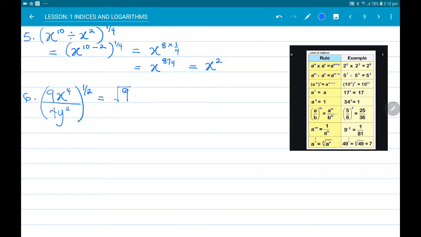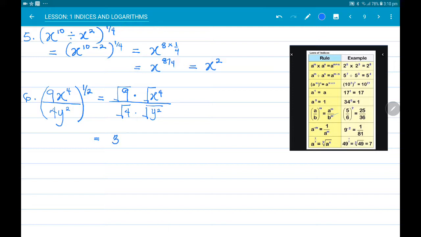Number 6, you have 9x raised to the power of 4 over 4y raised to the power of 2, everything raised to the power of 1 over 2, or half. Now this is what you're going to do. You're going to separate the two.